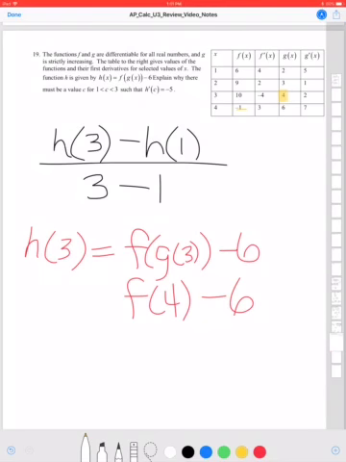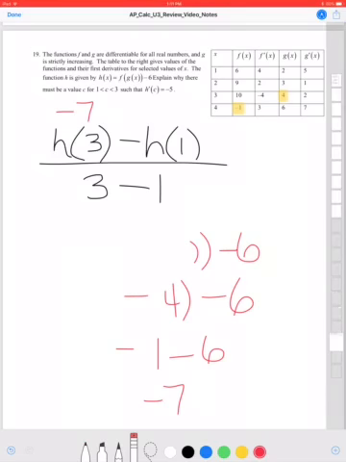Now f of 4, so here's 4 over to f, that's going to be negative 1. And negative 1 minus 6 is negative 7. So h of 3 is negative 7.